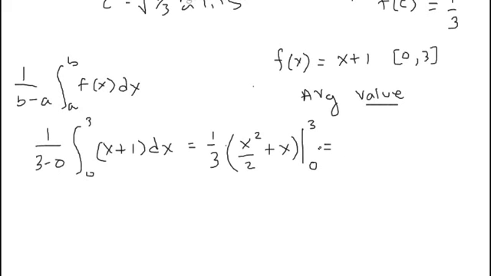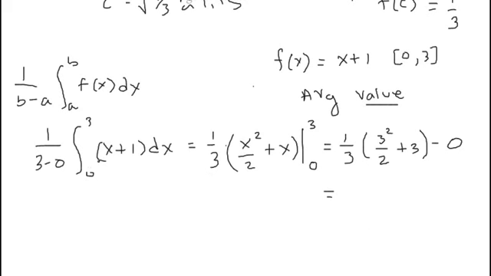I don't think I'm going to actually work all this out, but 1/3. So plugging 3 in, you get 3 squared over 2 plus 3 minus, and if we plug 0 in, you get 0, so all that just becomes 0, right?